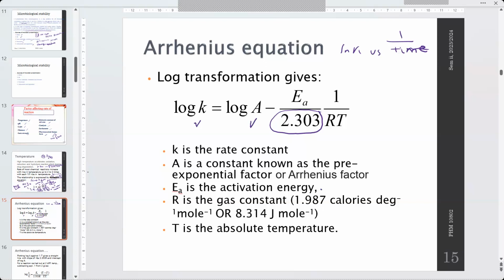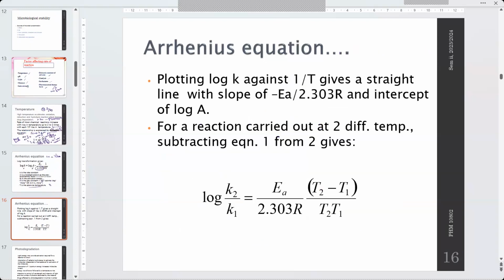R is a constant. It has this value, 1.987 calories degree to the power -1 mole to the power -1. It's constant. Temperature is the absolute temperature of the reaction medium or the storage temperature for your drug product. Okay?